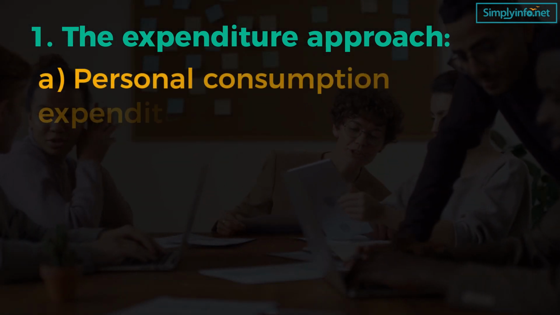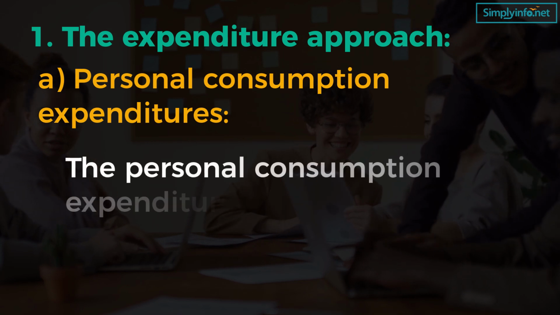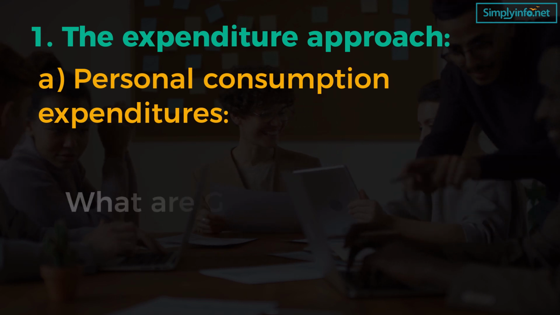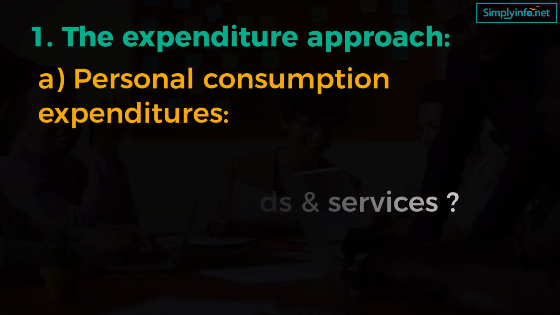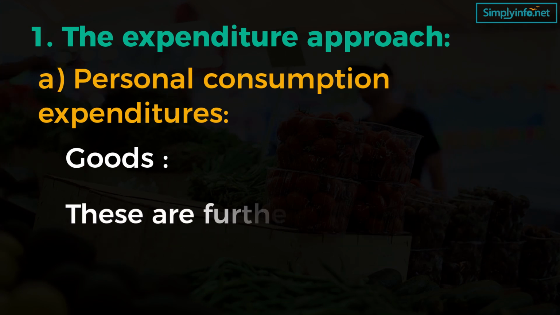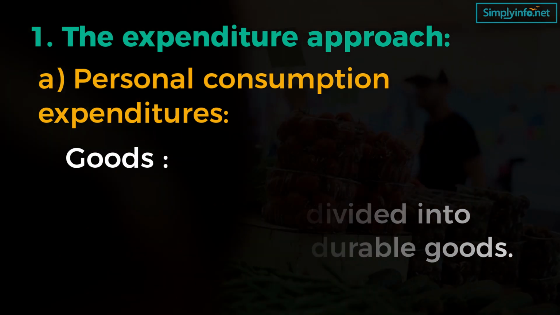A. Personal consumption expenditures. The personal consumption expenditures include goods and services. What are goods and services? Goods are the tangible objects. These are further divided into durable and non-durable goods.